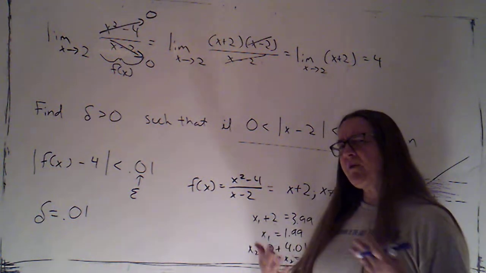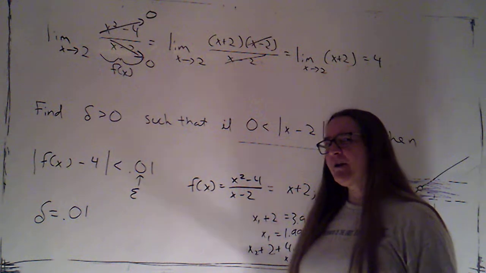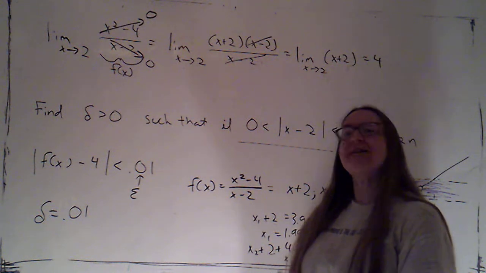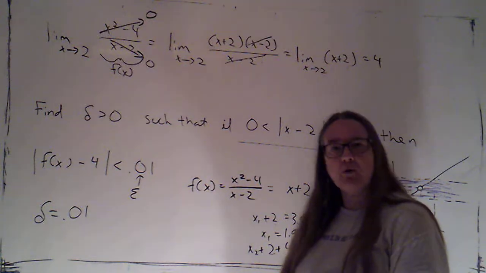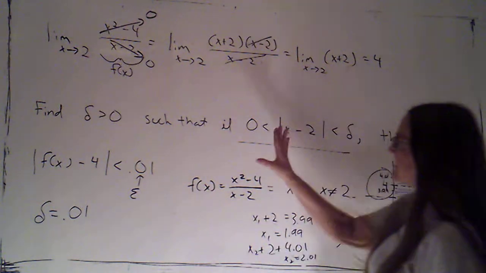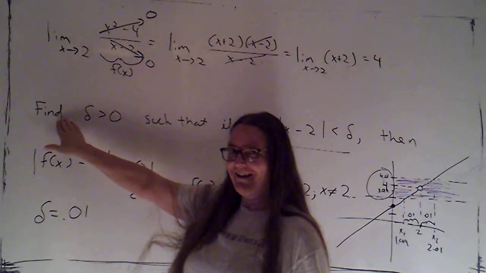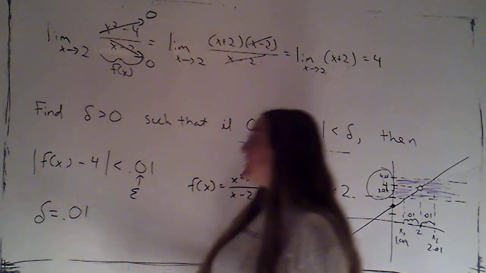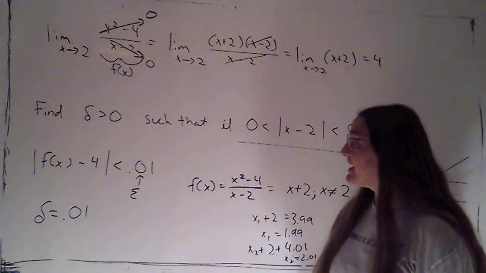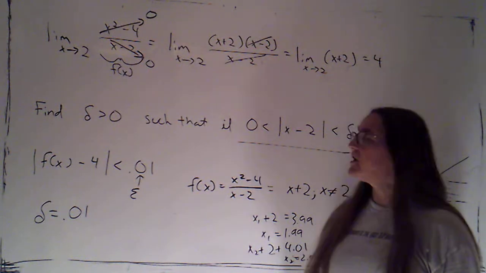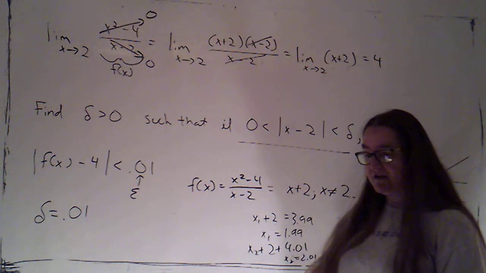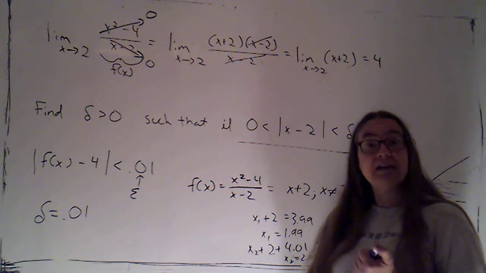But that's going to sort of be our informal work, and then we're going to write up a formal argument to demonstrate that the delta that we found works. For a specific value of epsilon, our goal was just to find it, not to prove that it actually worked. And so we've succeeded here. Our delta in this case would be 0.01. We can use the same standard of closeness for our x values and our y values.